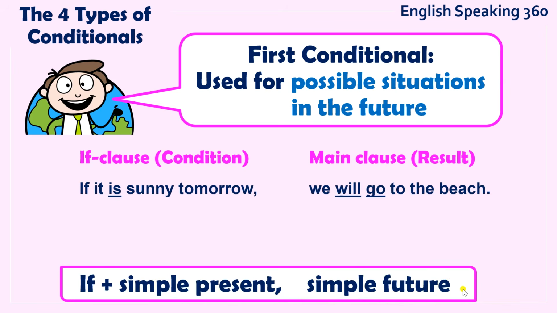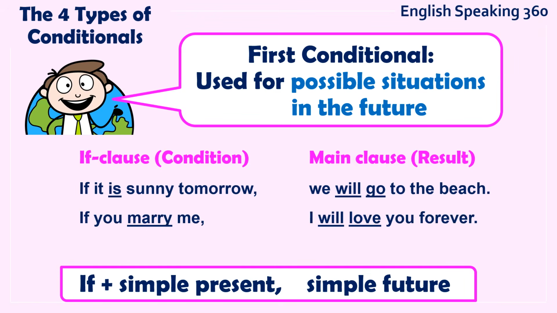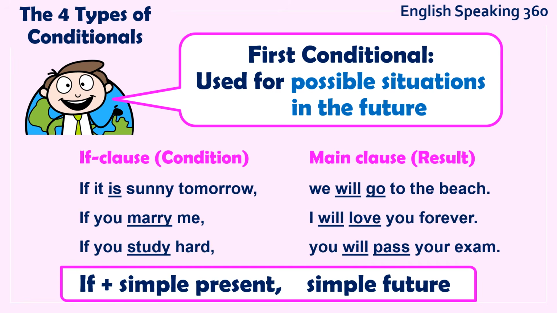If it is sunny tomorrow, we will go to the beach. If you marry me, I will love you forever. If you study hard, you will pass your exam. All of these are things that can possibly happen in the future. There is a chance of it happening.